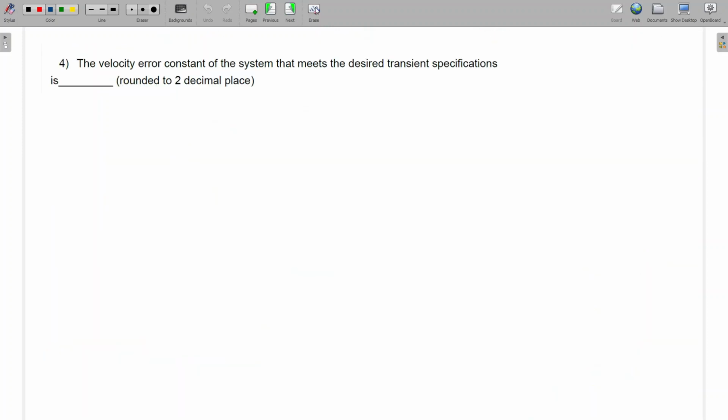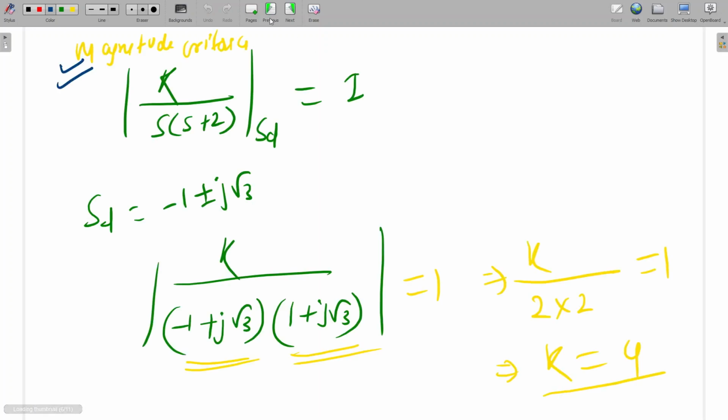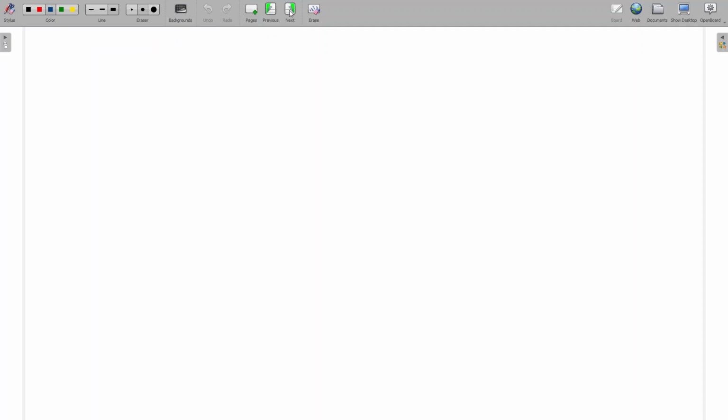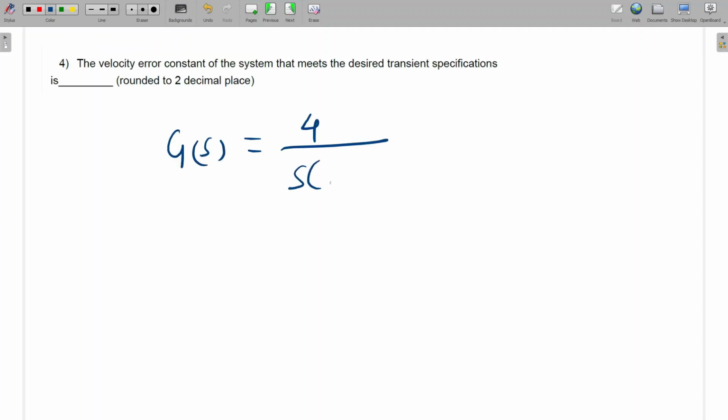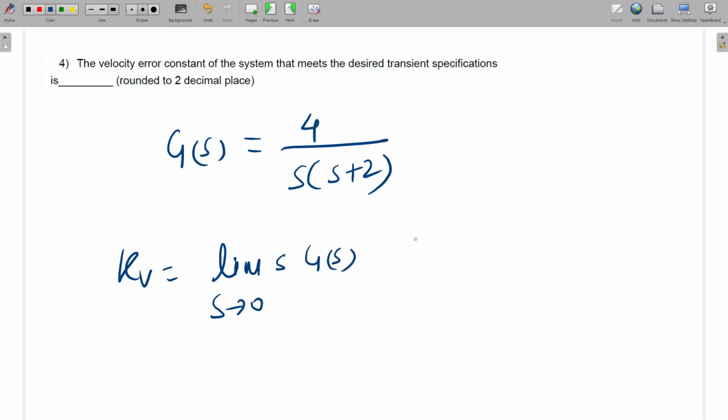Okay. So one question is asked: what will be the velocity error constant of the system that meets the desired transient specification? Already we have calculated the k value. So G of s will be equal to 4 divided by s into s plus 2. So what is the velocity error constant? Kv is equal to limit s tends to 0 of sG(s).